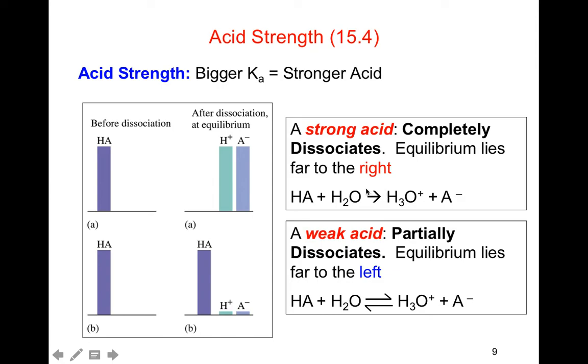If you noticed, for the strong acid, I used just a one-sided arrow because this reaction for strong acids we assume goes to completion. But I use the equilibrium arrows for the weak acids because an equilibrium is in fact established. We don't convert all the reactants into products, and in fact, most of the reactants remain. And so we would say that the equilibrium lies far to the left in this case.